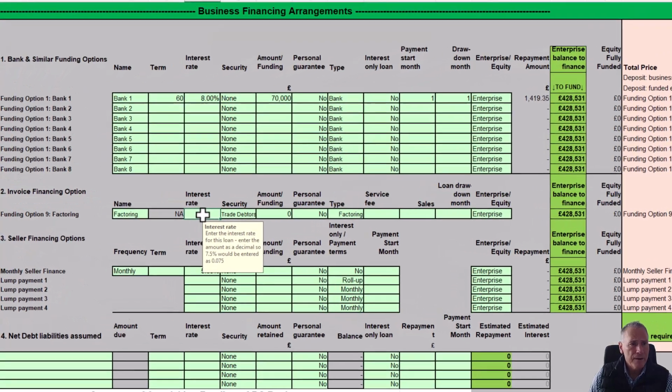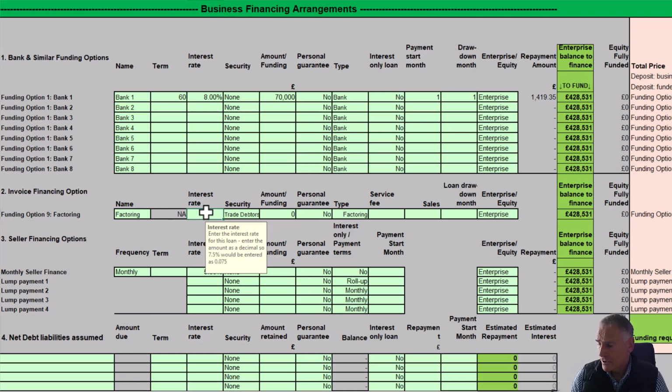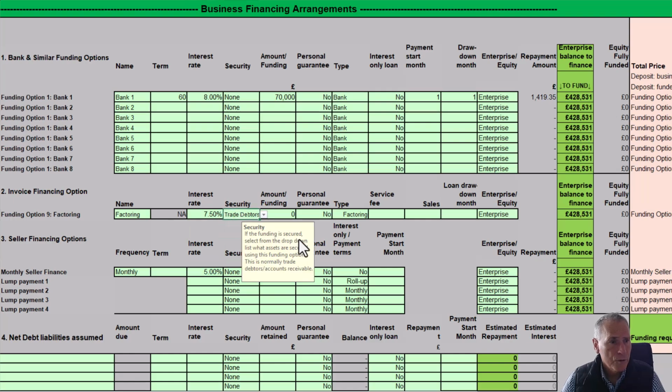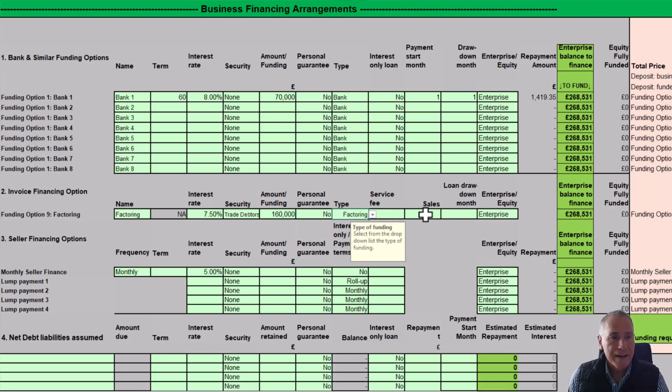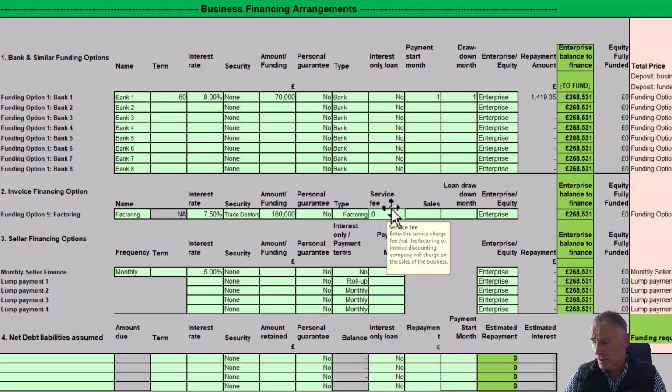So we go back to our financing screen and let's assume that the interest rate on that is, let's say, 7.5%. It's secured on trade debtors. The amount of financing is £160,000. There won't be any personal guarantees on that. It's very likely. In this case, the type is factoring, and you have a service fee, which in this case I'm going to assume is 0.5%.